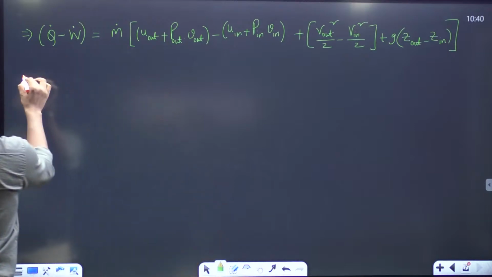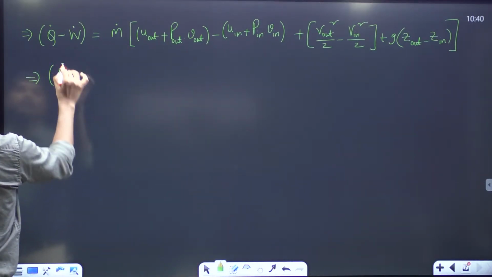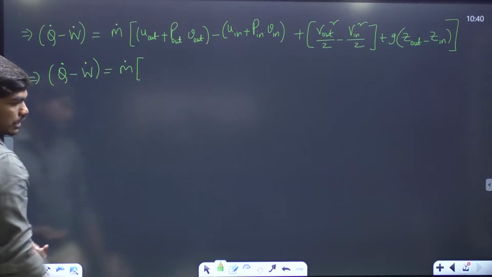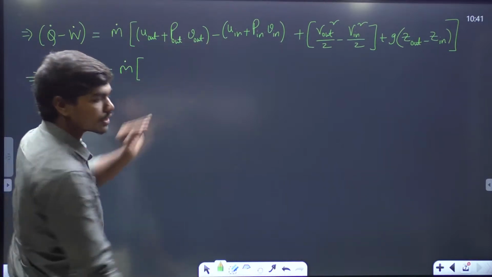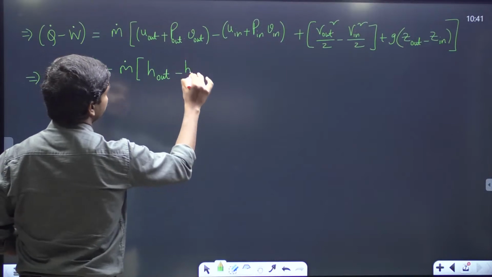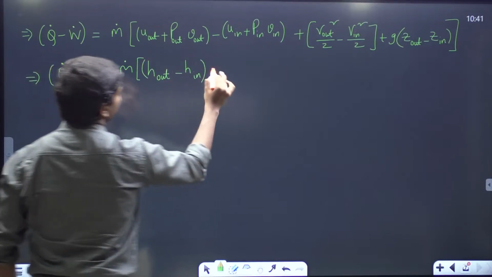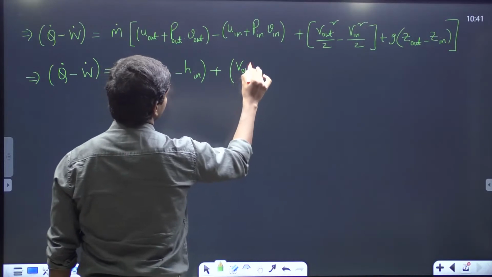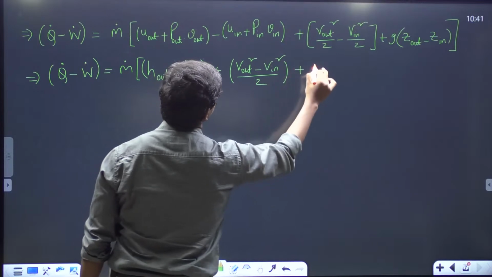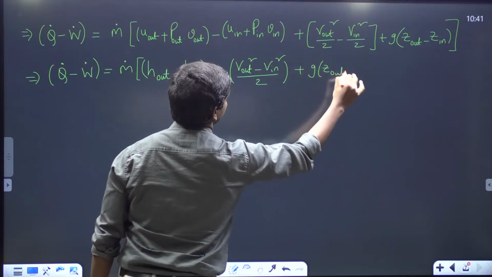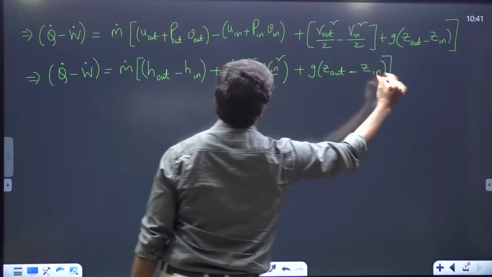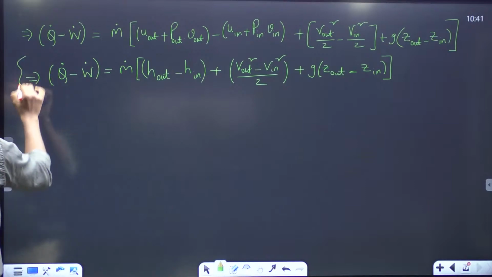So Q dot minus W dot is equal to m dot into, U out plus P out V out is the same as H out, the specific enthalpy, minus specific enthalpy at inlet, plus V out square minus V in square divided by 2 plus Z into Z out minus Z in.